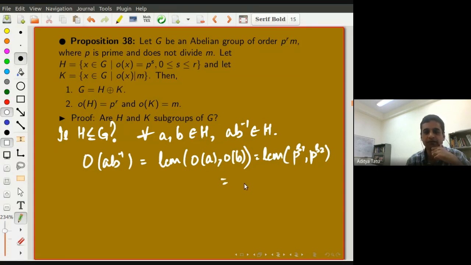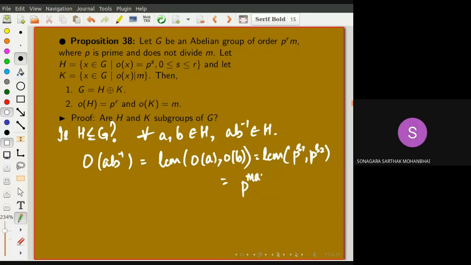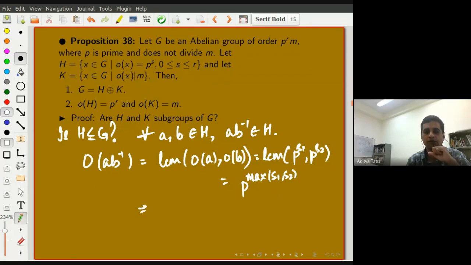What would this be? P to the power maximum of S1 and S2, exactly. Therefore, AB inverse belongs to H, which implies that H is a subgroup of G.